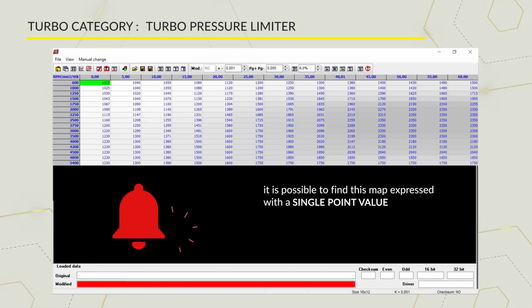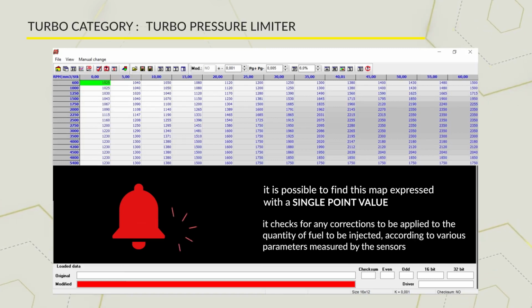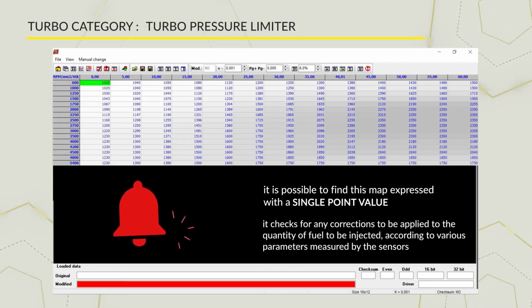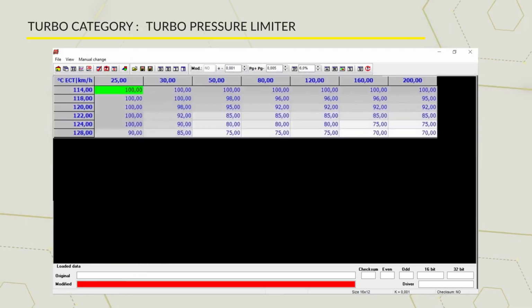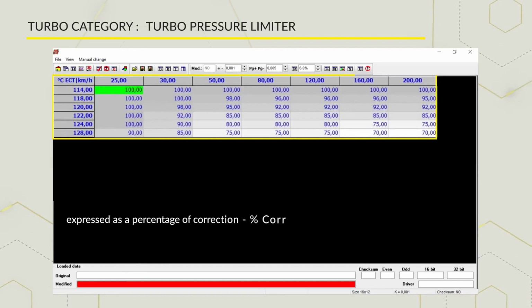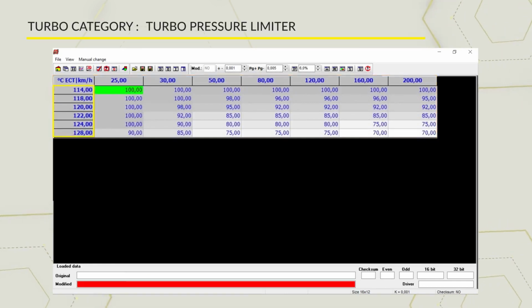Once the engine control unit has properly defined the outputs for the actuators, it checks for any corrections to be applied to the quantity of fuel to be injected, according to various parameters measured by the sensors, such as this map, expressed as a percentage of correction as a function of the coolant temperature in degrees centigrade and the vehicle speed in kilometers per hour. Let's read this map together.